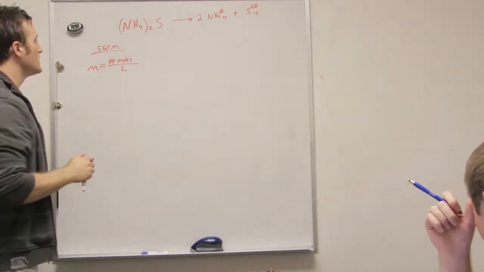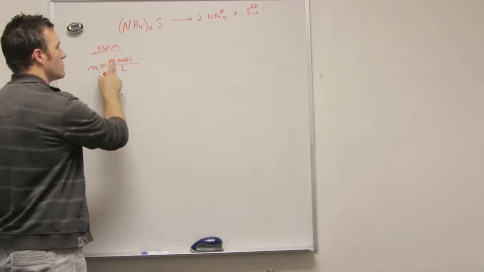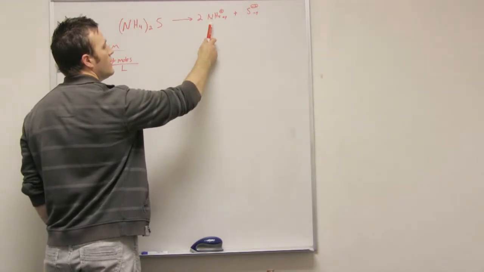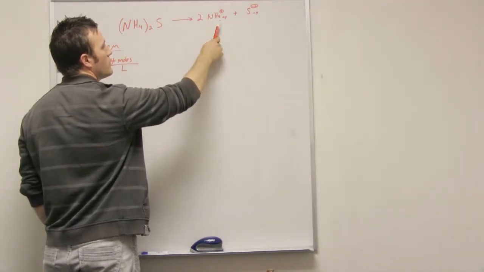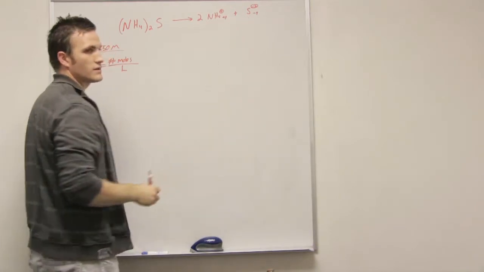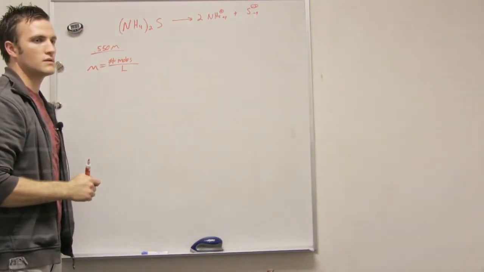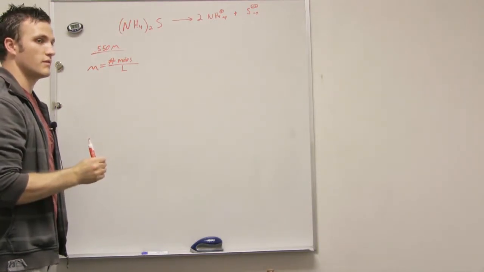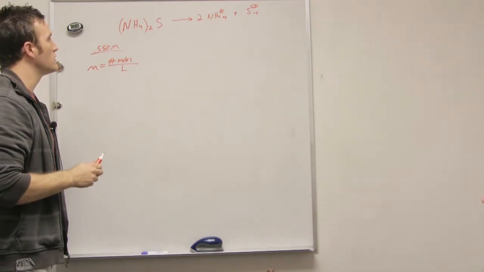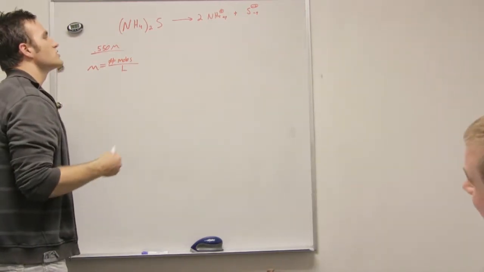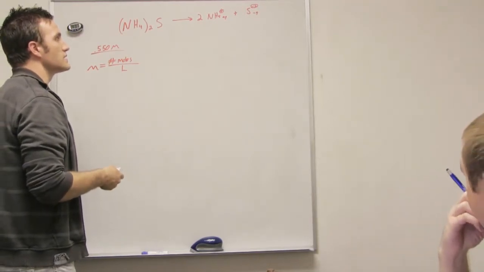Because molarity is the number of moles per liter, are we going to say it's the number of moles of ammonium ions or sulfate ions, or both of them together? I think both too. Let's just do both, and we'll see if it makes sense and we come out right.